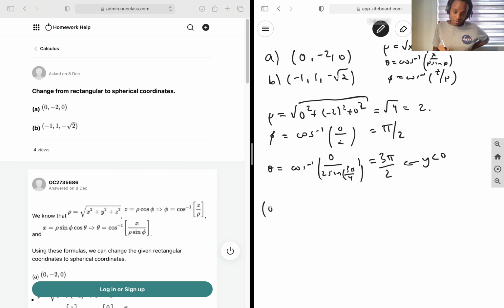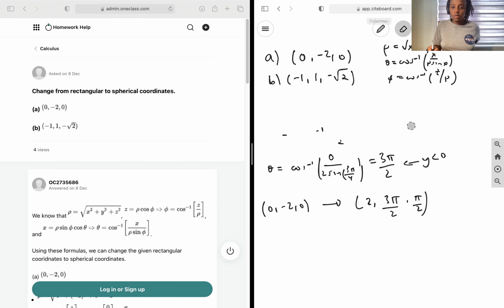So (0, -2, 0) becomes, sorry, I wrote them wrong. 3 pi over 2 because you put theta first, and then pi over 2 because phi is last. And then next we're going to be calculating b.